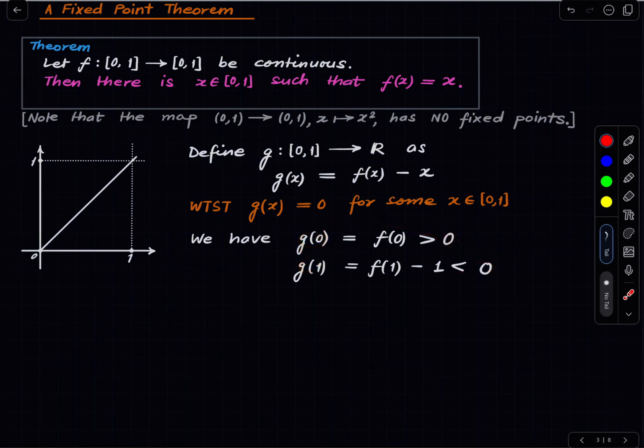And hence it must vanish somewhere in between, in fact strictly between 0 and 1. So g must become 0 somewhere by the intermediate value theorem, and that shows that f(x) equals x for some x. Alright, so it's a very simple proof. I'm sure you have seen this kind of thing even in high school, but perhaps the proof during those days was not rigorous. Alright, so we move on.